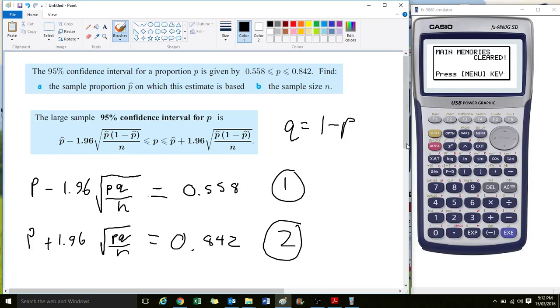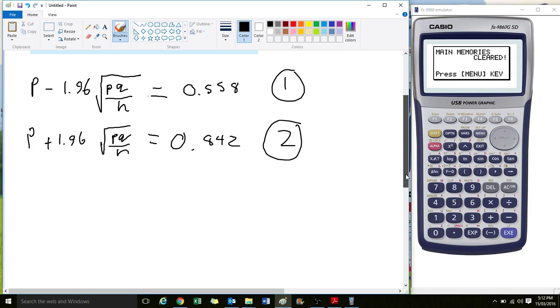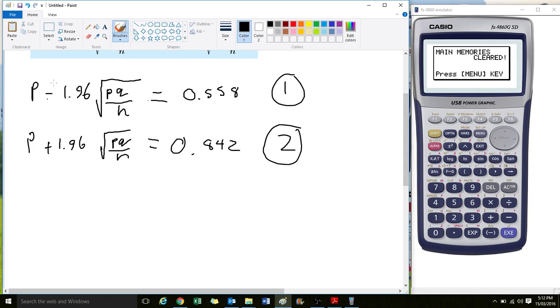The very first thing we want to do is solve for P. We have minus 1.96 times the square root of PQ on N here, and plus 1.96 times the square root of PQ on N here. If we add these two together, they're going to cancel out, so that's exactly what we're going to do: equation 1 plus equation 2.